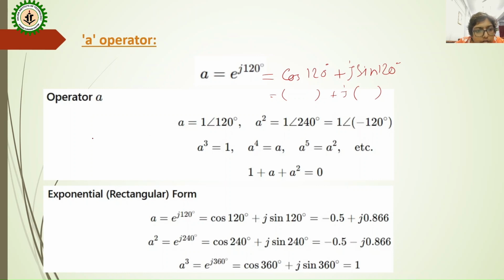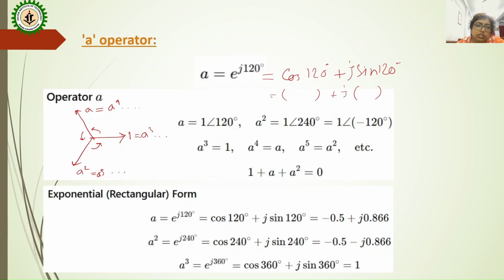Again, for understanding, I'm just putting the operator phasor. So this is 120 degree shifting A, again 120 shifting A square, again 120 shifting A cube, again 120 shifting A4, again 120 shifting A5. So this way that will continue.